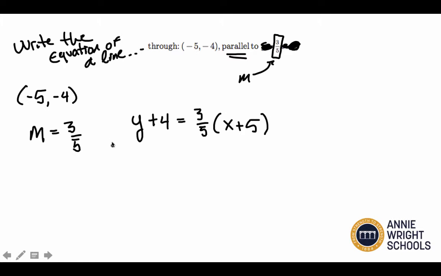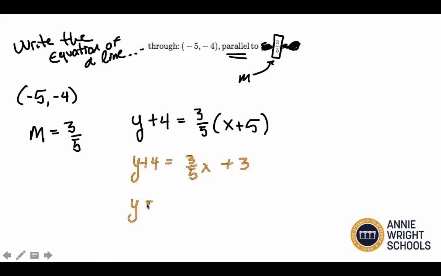If I say write the equation of a line, you can stop right there. That is the equation of a line, and it's in point-slope form. If I said write the equation of a line through this point and parallel here and put it in slope-intercept form, then you would need to keep working. The keep working is just distribute the 3/5. 3/5 times 5 is 3.